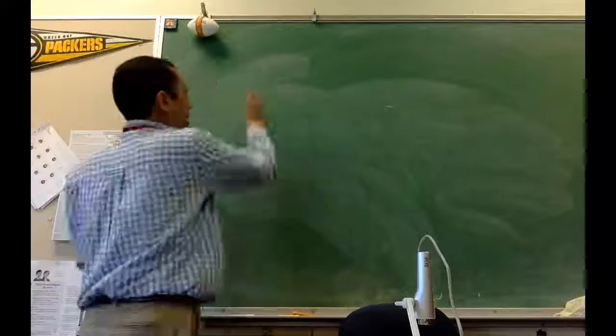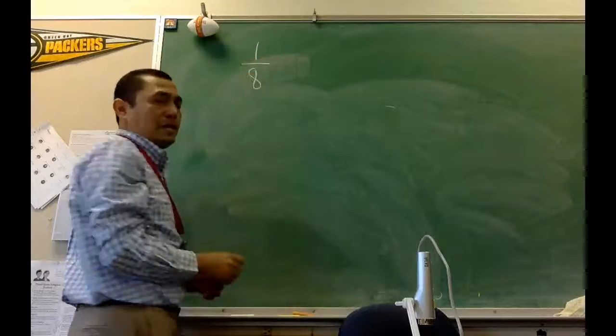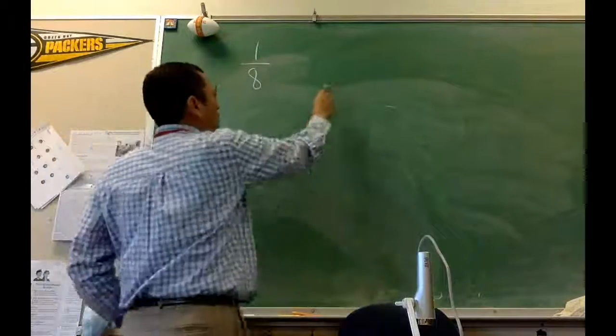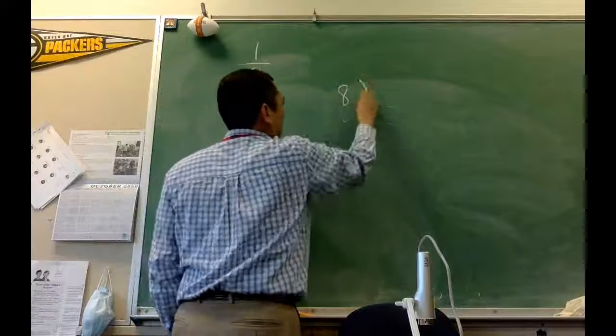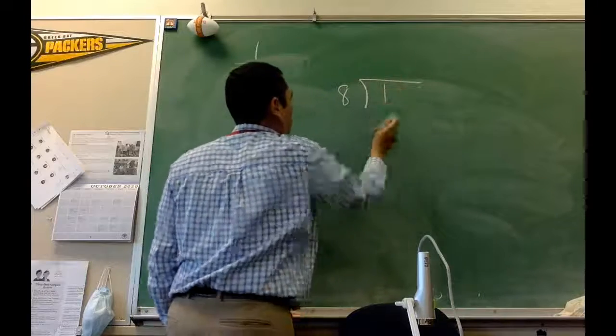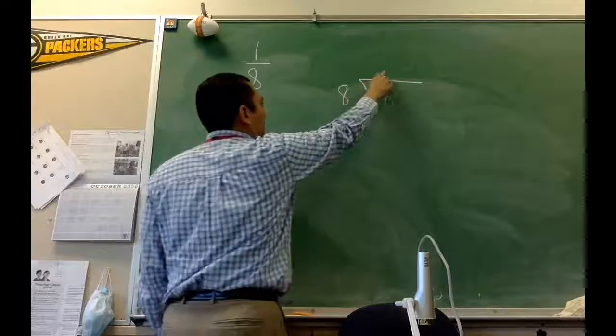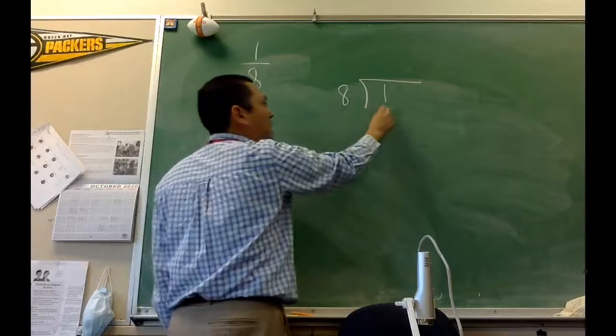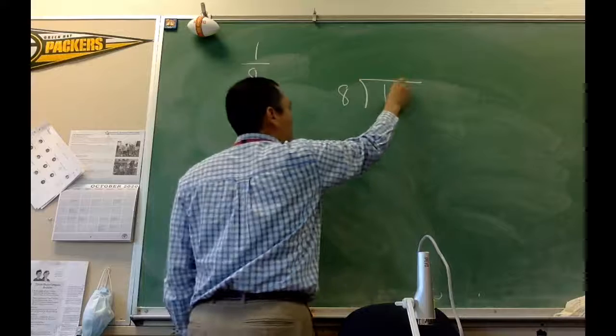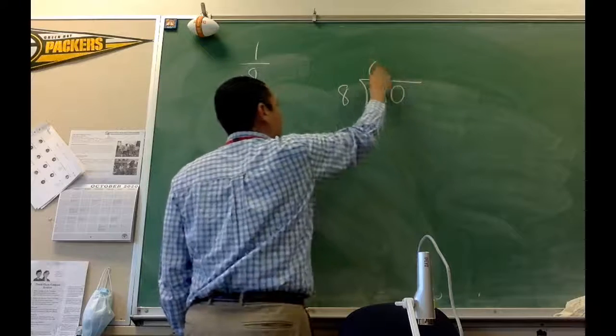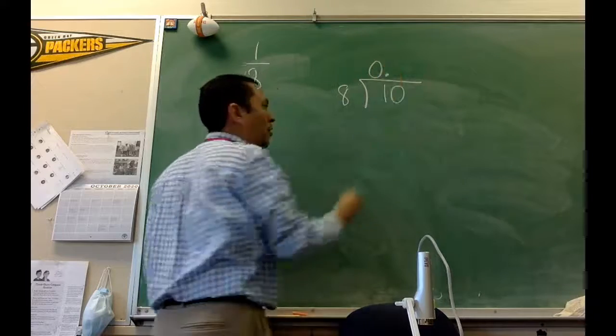So I have 1/8 going, okay? And we are going to divide 1 by 8. In this case, there is no number that multiplied by 8 will give me 1, so we add a 0, a 0 in the quotient, and a decimal point.